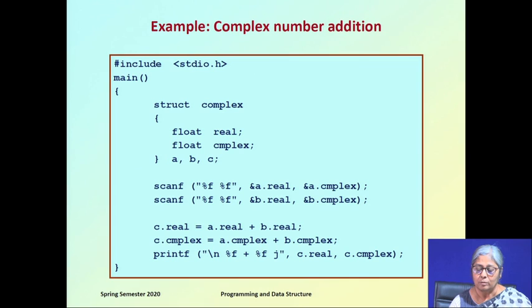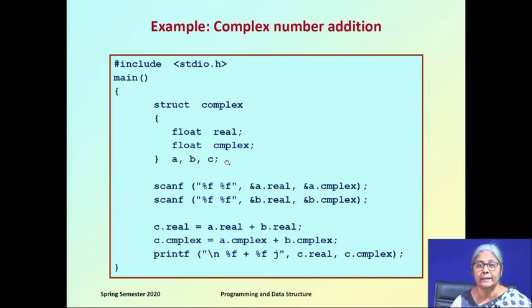Now, if we want to read say 2 complex numbers A and B, we have to scan the real part as well as the imaginary part. So, A dot real and A dot complex. Similarly, we scan B dot real and B dot complex, both of type float.